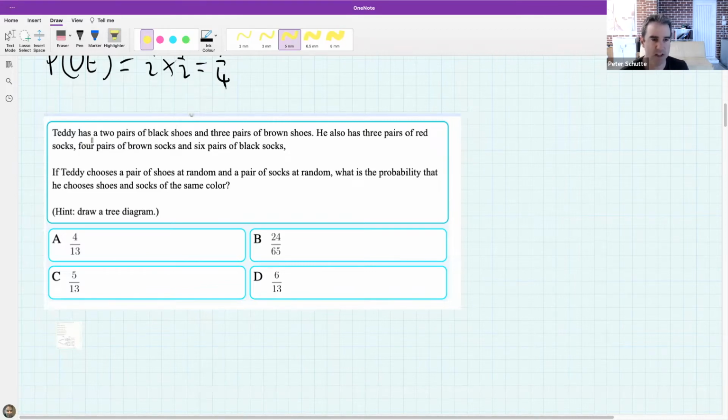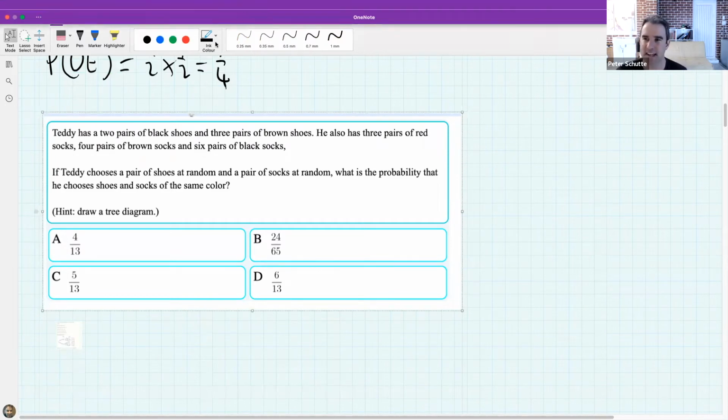So let's read through it. Take 30 seconds to read through it, and once you've read through it, say done in the chat. I want to give you a bit more time because I'm aware that it takes time to process.